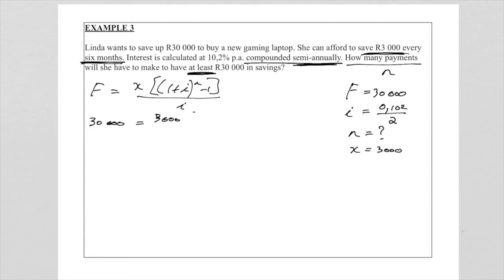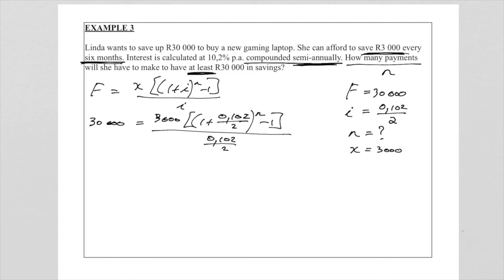So I say that is 3,000, 1 plus my I, which is 0.102 over 2. And then my exponent, like we said, in this case is N, that is the number of payments that we are looking for, minus 1 over my I, which is 0.102 divided by 2.